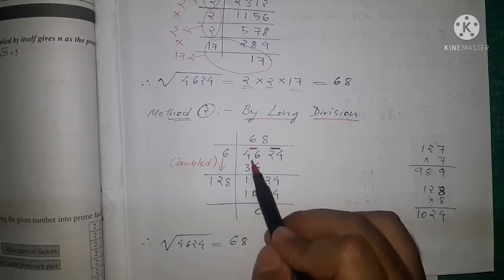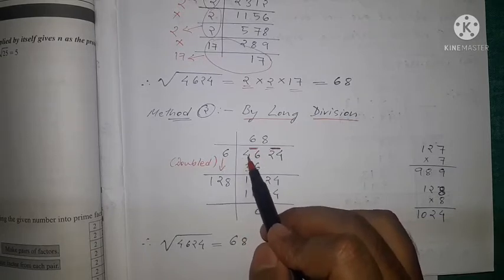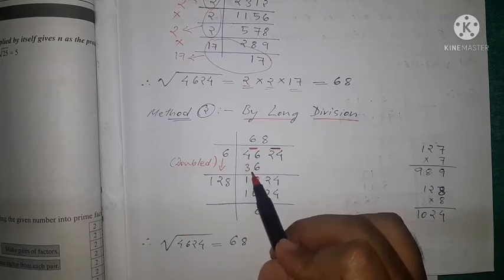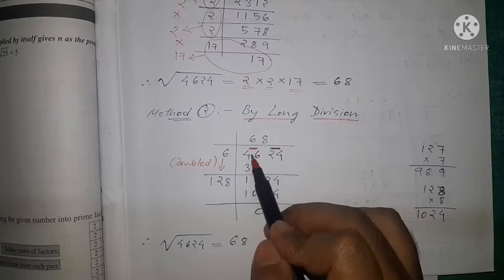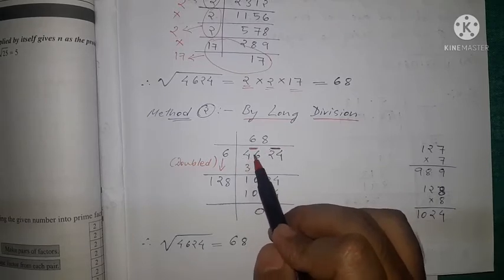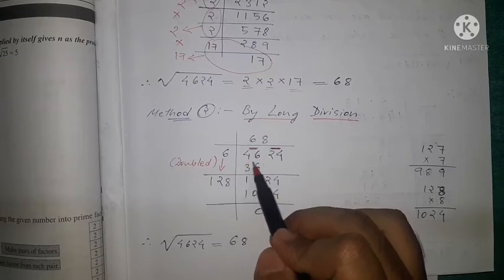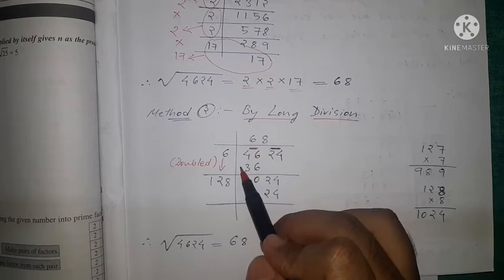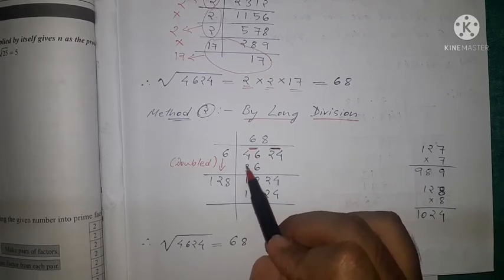The square of 7 is 49, which is more than 46, so we cannot take that. There is no number whose square is exactly 46, so we must take a number whose square is less than 46, nearest to 46.